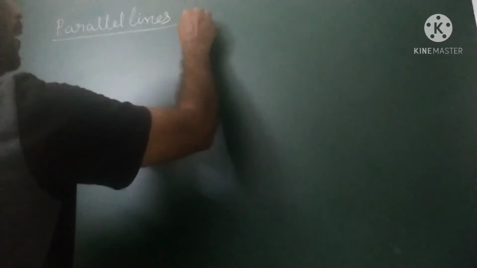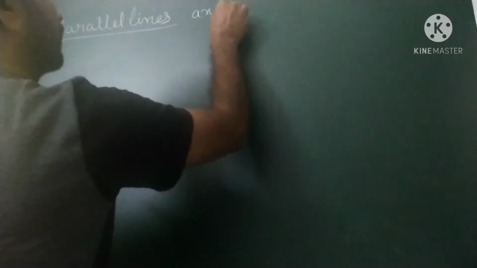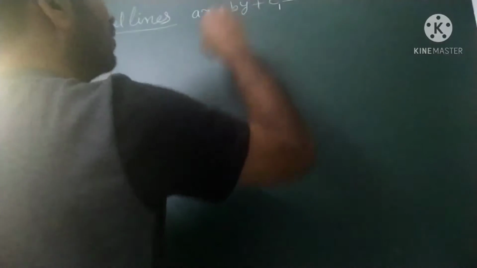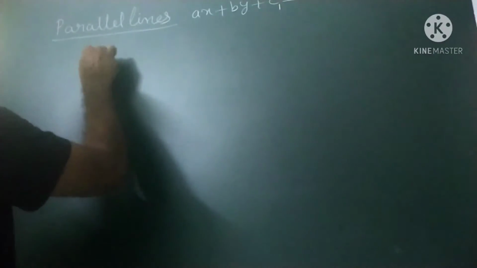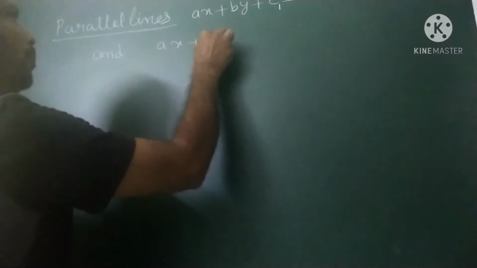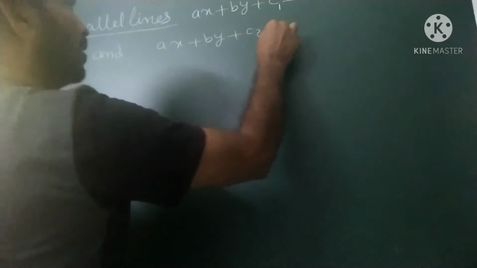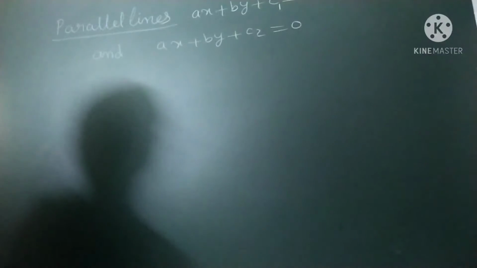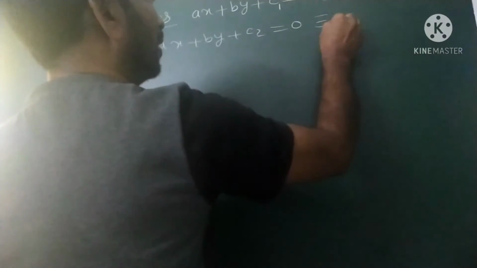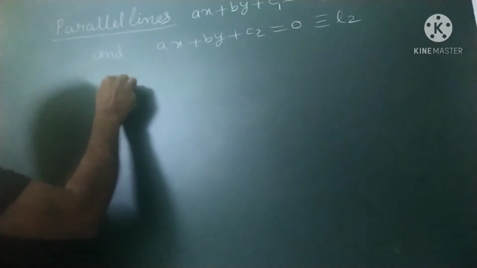So ax plus by plus c1 is equal to 0, and ax plus by plus c2 is equal to 0, two lines. This is L1, this is L2.